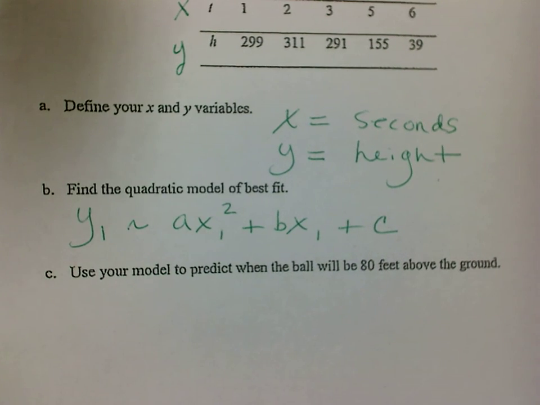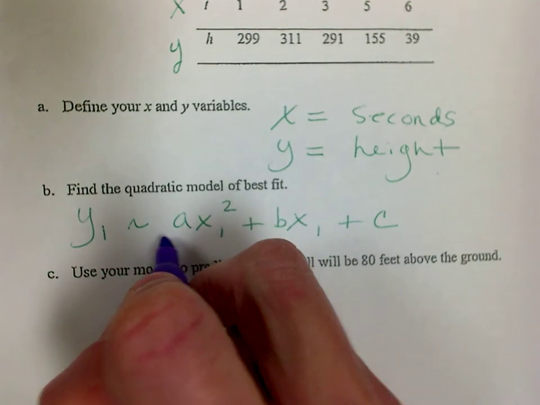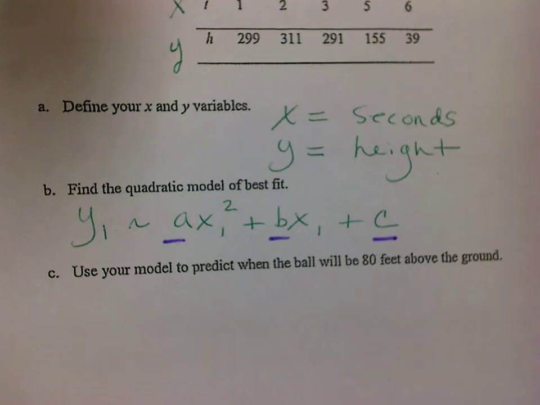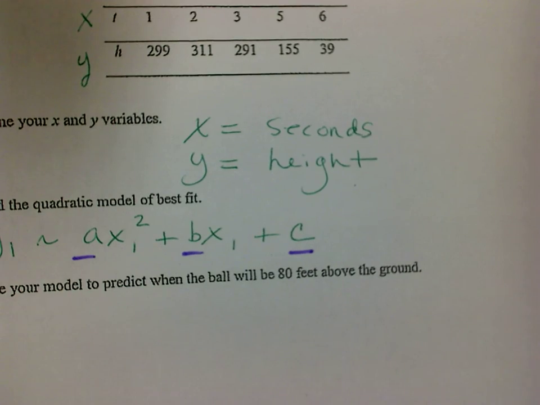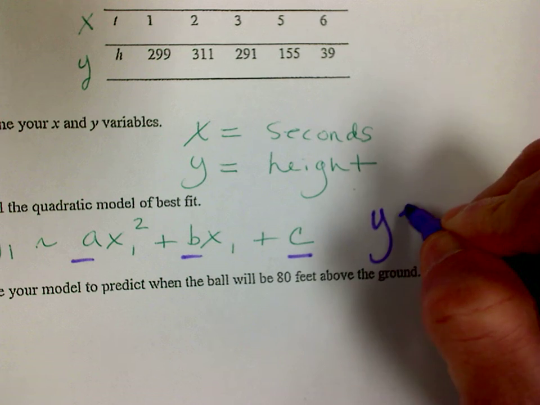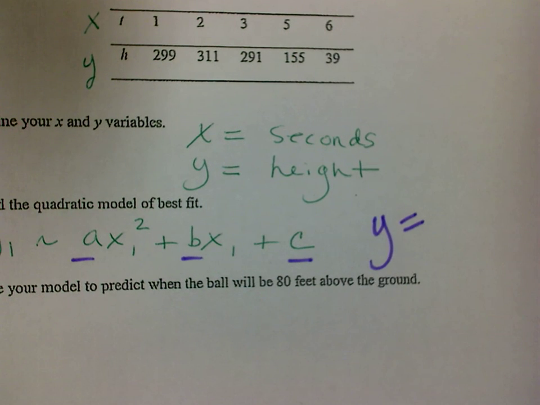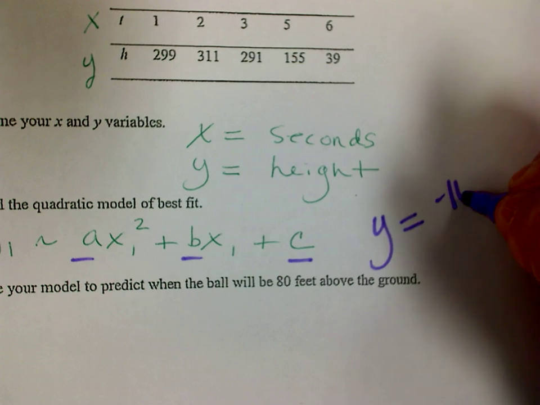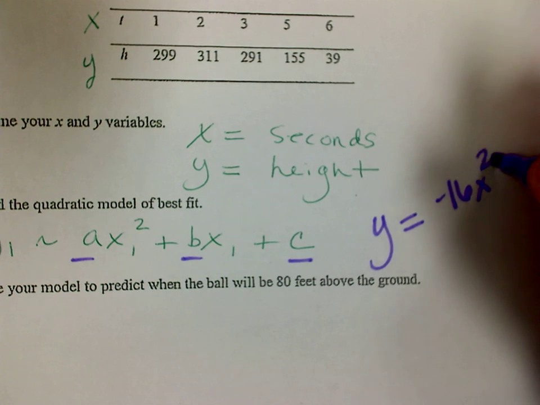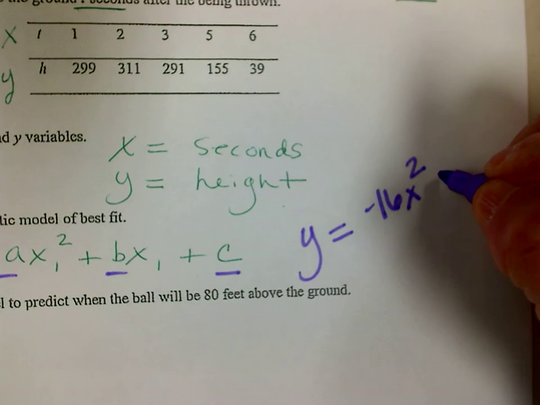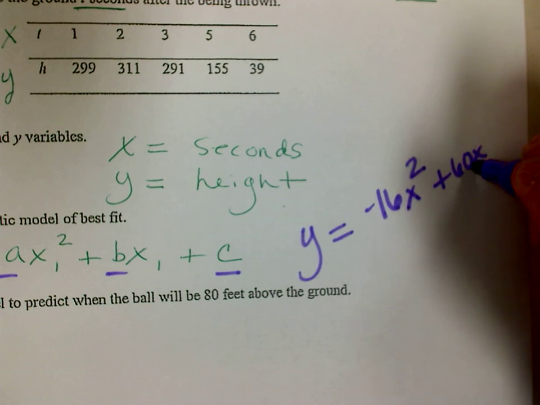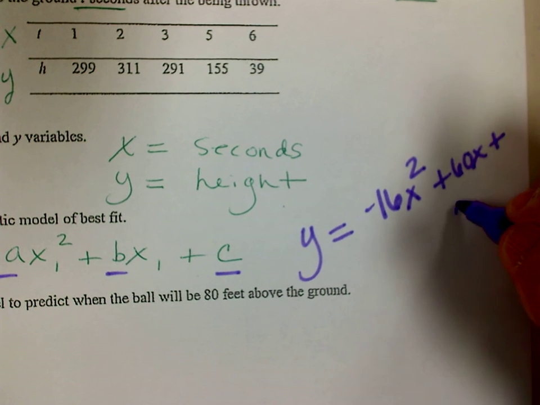Okay, and then I'm going to show you what you should get for A, B, and C. That's going to pop up. And then I'm going to write my equation. So your equation is going to be y equals, looks like A is negative 16 x squared plus 60x plus 255.